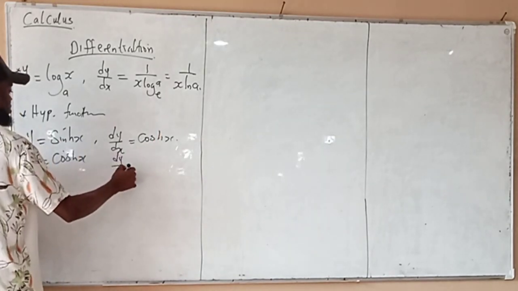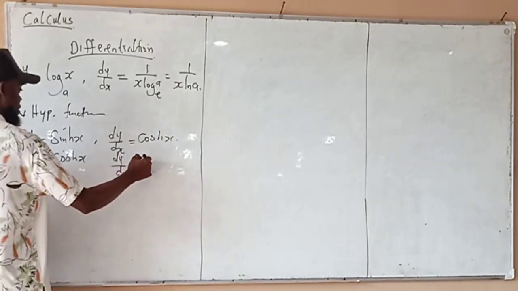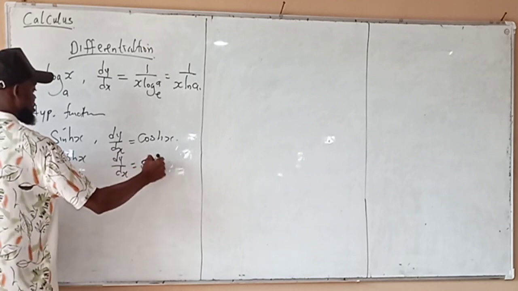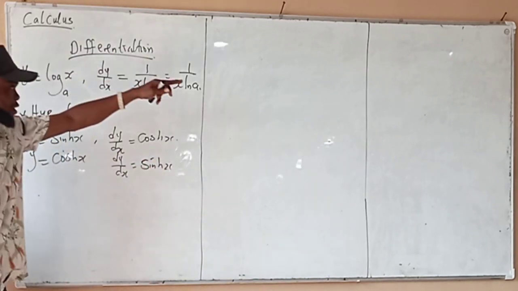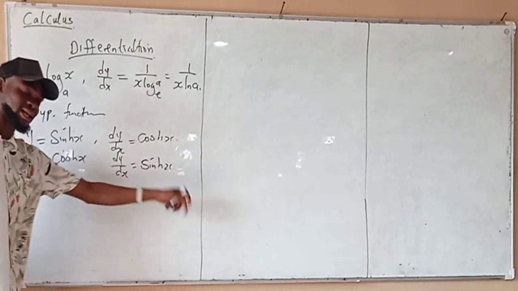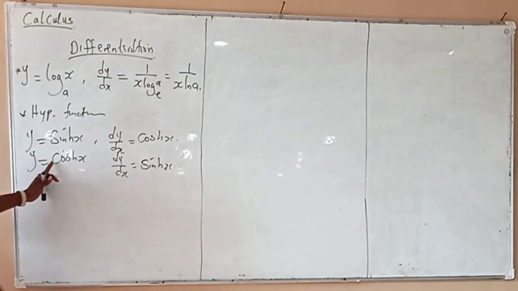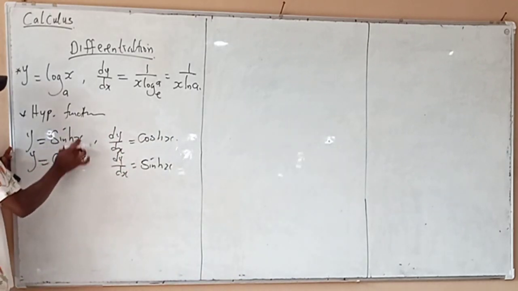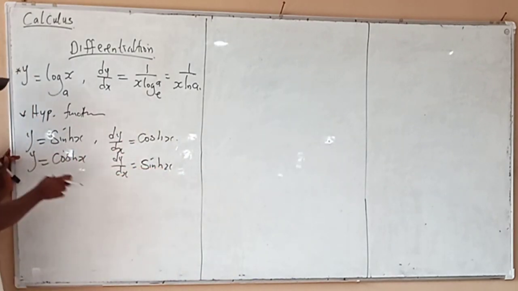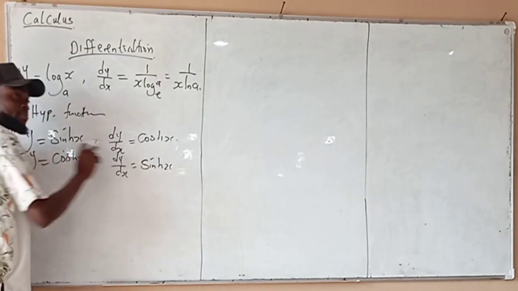Differentiate this, we will have sin x. There's no minus for this. But for trig functions, differentiate cos, we will have minus sin x. But for hyperbolic, the difference between this one and trig is that this one ends in h. If you differentiate cosh, we will have sinh x, not minus sinh x.